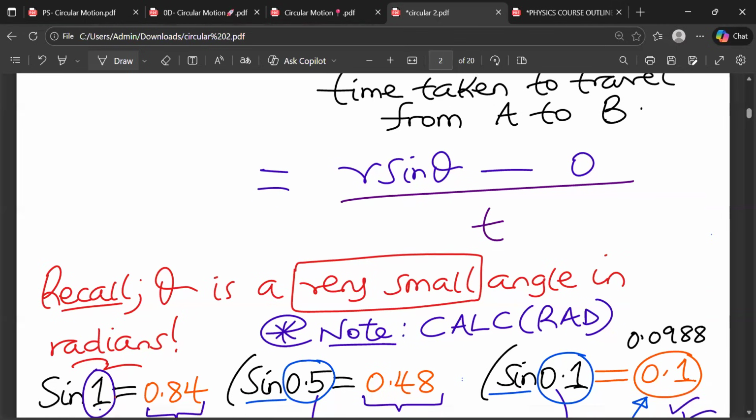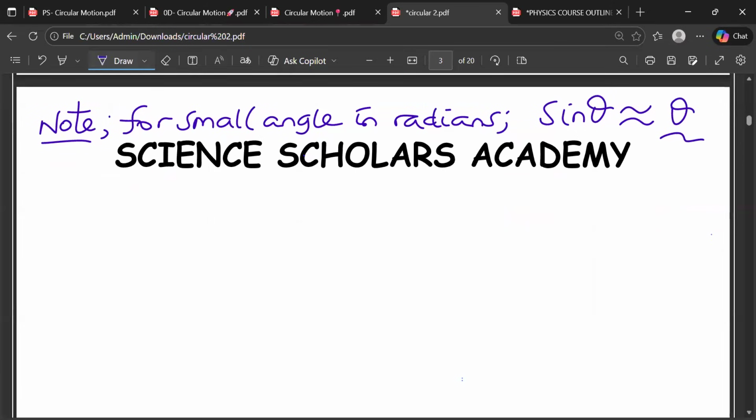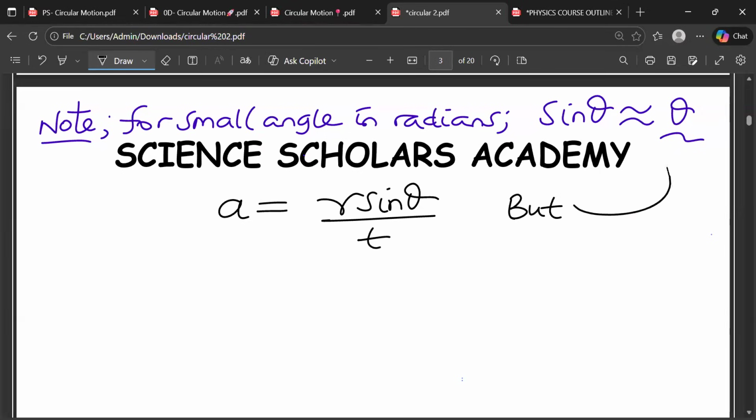So v sine theta minus 0 is just v sine theta. We are still proceeding with our centripetal acceleration A. V sine theta over t. But what have we said about small angles in radians? Sine theta approximates to theta. Therefore, our A will be V theta over T.